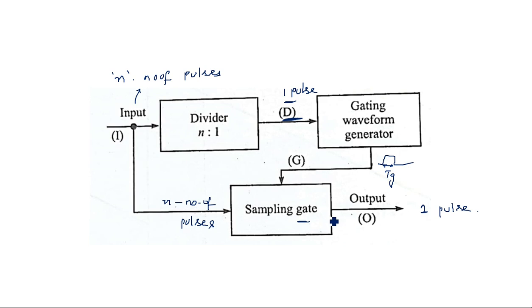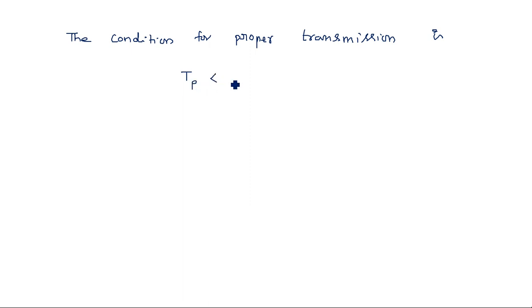Now, what could be the condition for the generation of this gating pulse? The condition for proper transmission, this is very important, is Tp less than Tg less than 2 Tp.